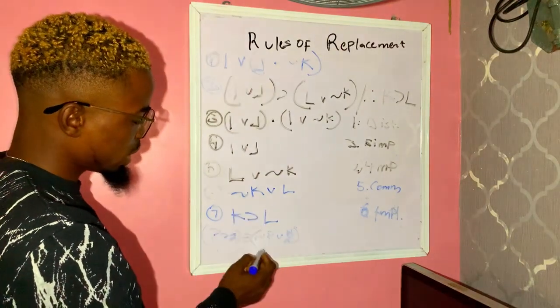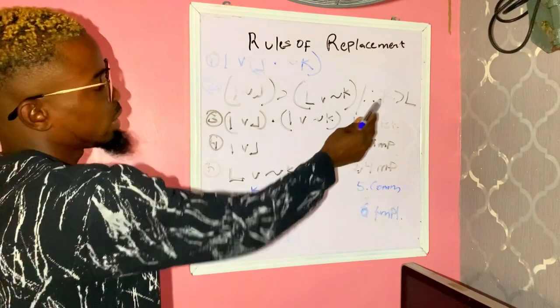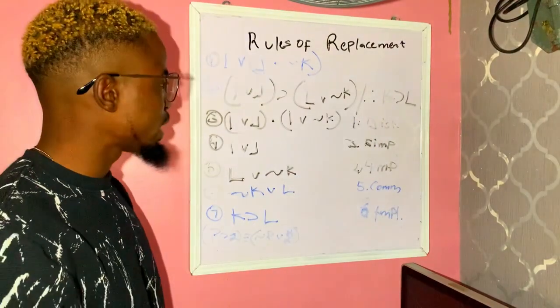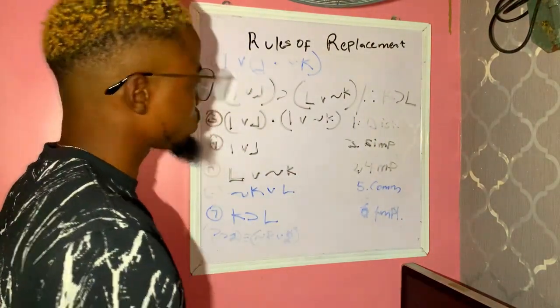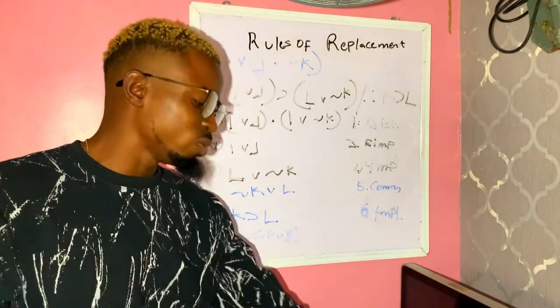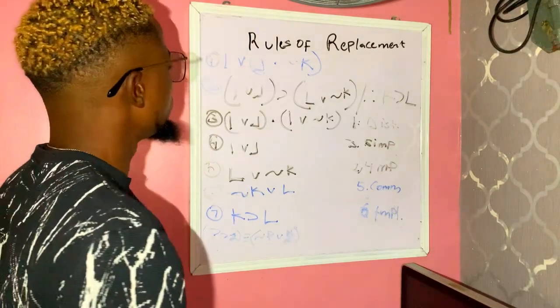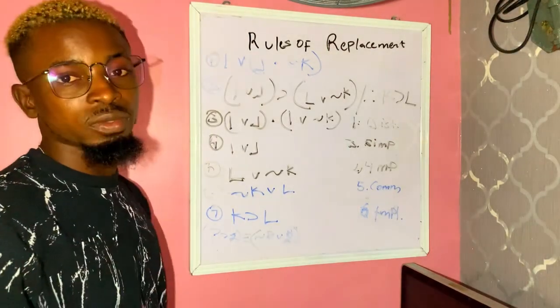So since I already have this, I replace this with this. So that's why I said 6 implication, and it takes me to the conclusion. So don't forget that just like rule of inference, once we get to the conclusion, we are going to stop. So ladies and gentlemen, from here we are going to be moving on to the next topic, which is the rule of inconsistency. Thank you.